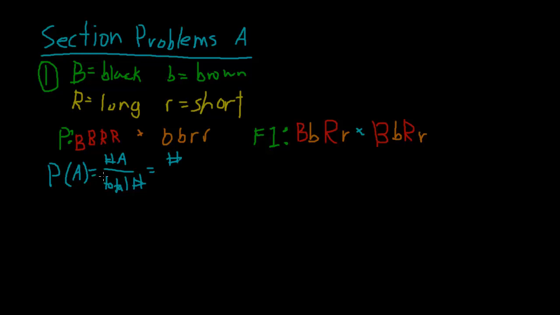So the probability would be the number of homozygous divided by the total, not of all offspring, but specifically the total number of long black fur. It specifically says that's what we're looking at. So to solve this problem, we have to find out how many different homozygous genotypes there are, divided by the total number of genotypes that result in long black fur.